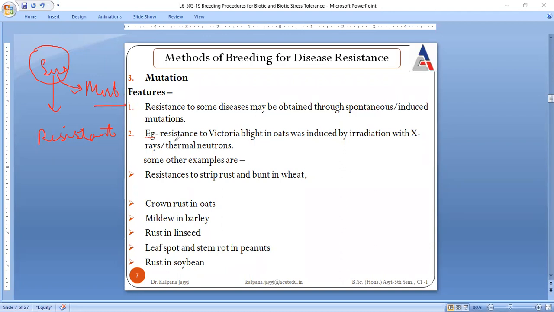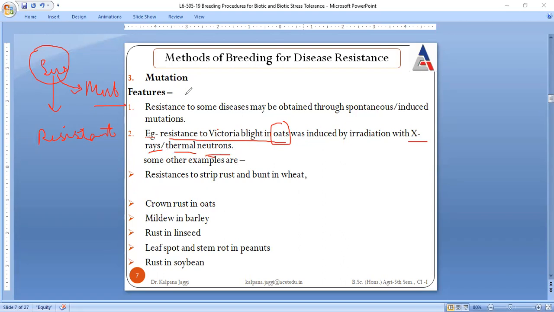For example, resistance to Victoria blight in oat. That means in oats, the disease found was Victoria blight. And oat was made resistant to the disease by exposing the oats to X-rays or thermal neutrons, right?